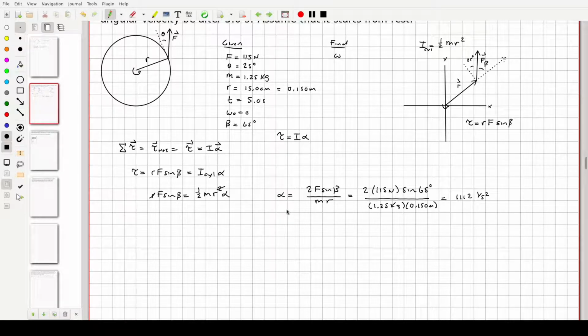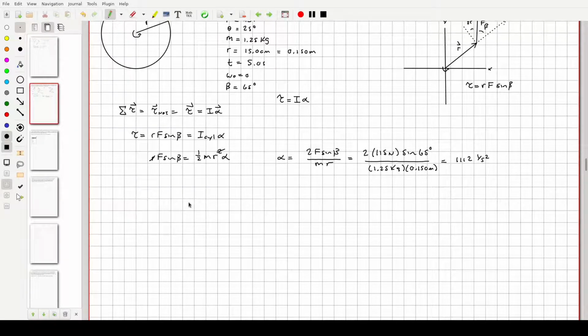Okay? Now, so given all that, next, what we're going to do is write down our three kinematic equations. We have omega is equal to omega naught plus alpha times t. We have theta is equal to theta naught plus 1/2 alpha t squared plus omega naught times t. And then we have omega squared minus omega naught squared is equal to 2 times alpha times theta minus theta naught.